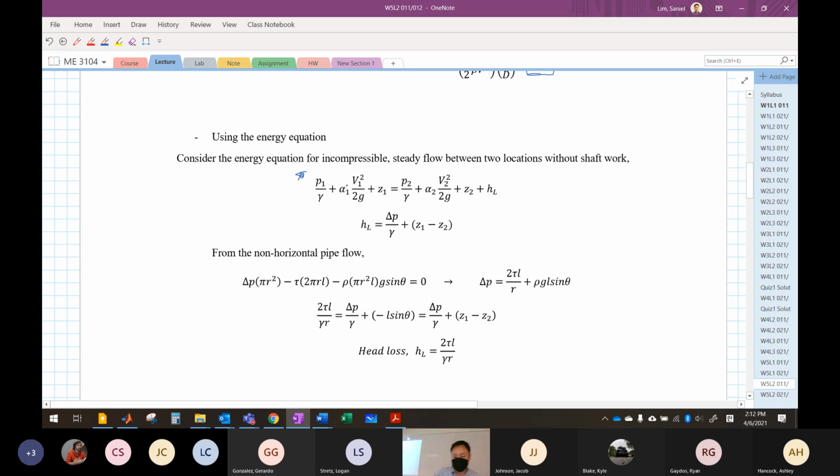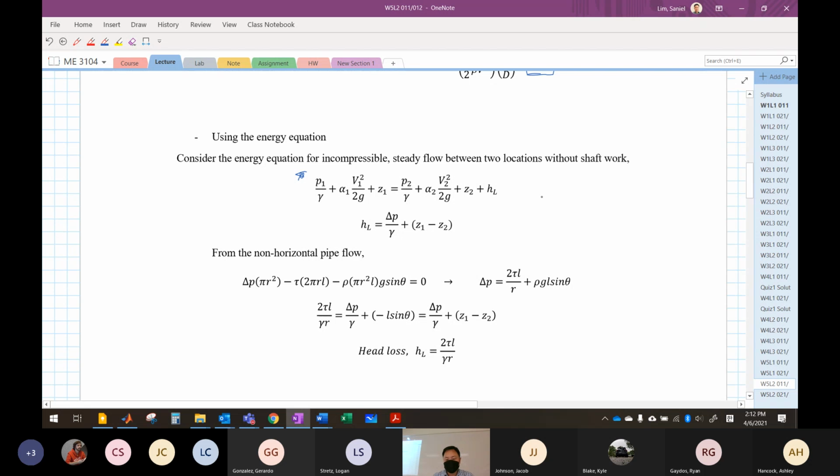Here the alpha is a coefficient for the non-uniform velocity profile. As you know, if we assume that the velocity profile is uniform across the cross-section area, we can just set alpha equals 1.